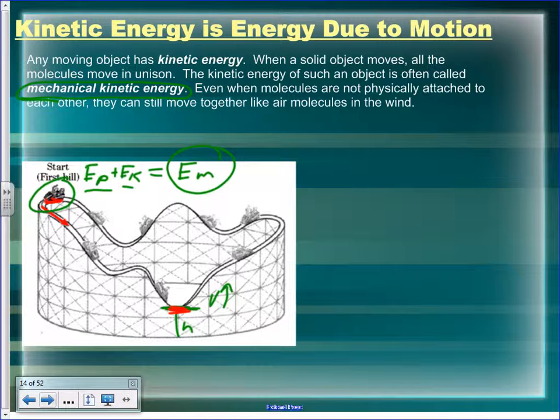The difference is how much of it is potential and how much of it is kinetic. Up here, I would have mostly potential because I'm not moving very fast, but I'm very high off the ground. Down here, I'm not very high off the ground, but I'm moving a lot faster. So the amount of energy I have here and here is the same, but the amount of each kind changes because they turn into one another. Potential energy becomes kinetic as you go downhill and accelerate. Does that make sense?